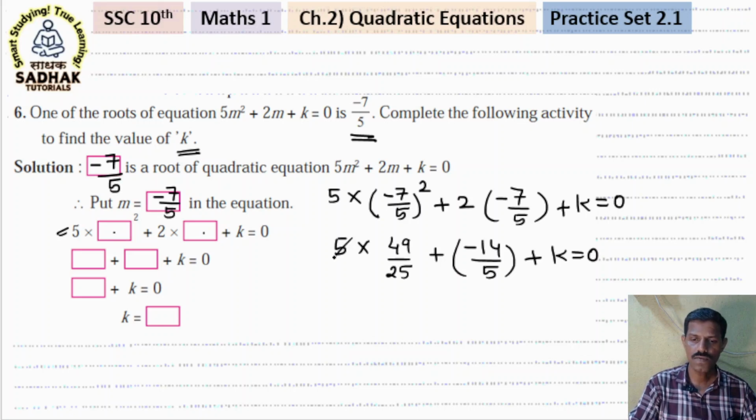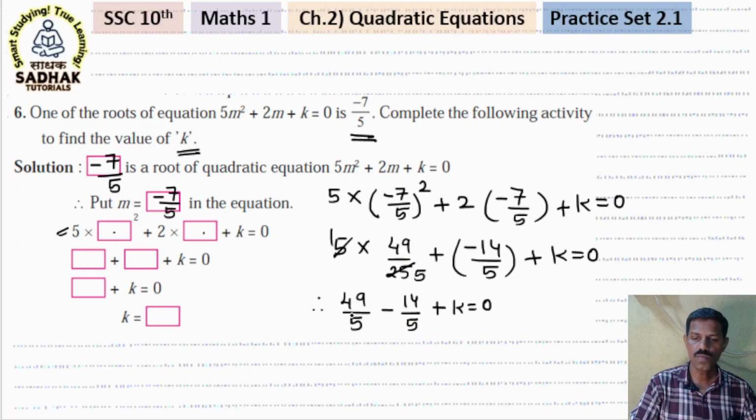Now this 5 in the numerator and 25 in the denominator will get divided. So 5 ones are 5, 5 5s are 25. So now here in this equation we are having 49 upon 5, plus minus will become minus 14 upon 5 plus k is equal to 0, okay.